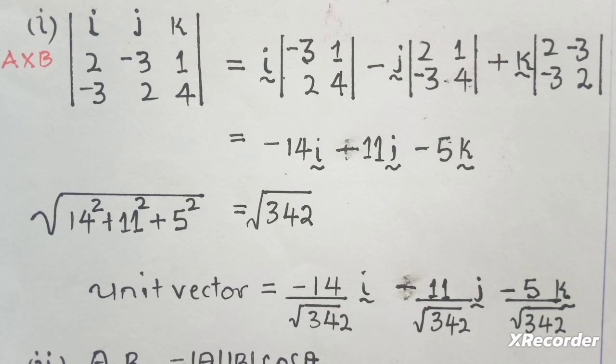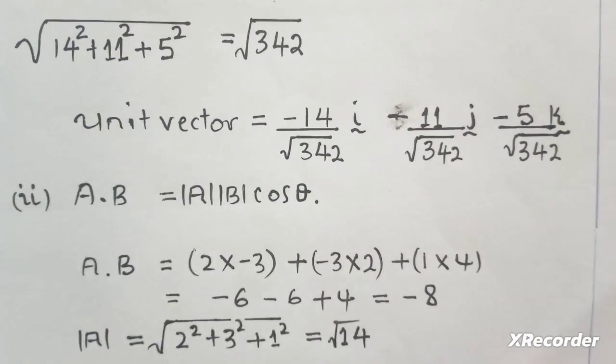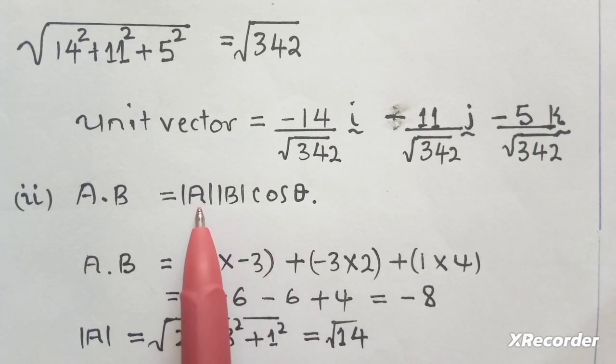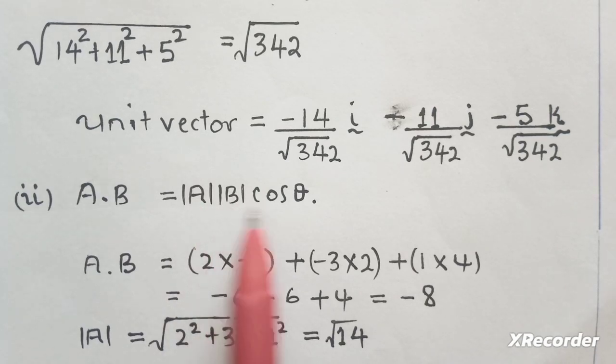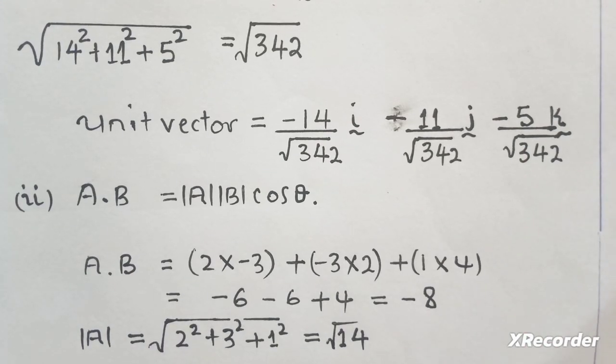Then from there, guys, we come to the angle between A and B. For the angle between A and B, we do as we did formerly, where we had the equation A dot B equals magnitude of A times magnitude of B times cos theta. A dot B gives us -8.